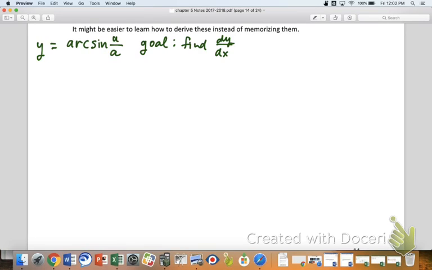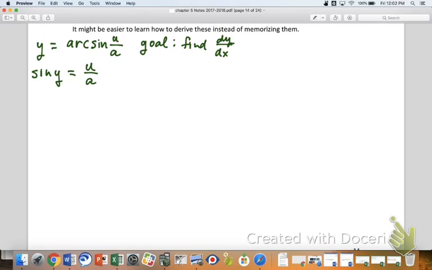So based on that, it's actually a pretty good thing to point out. Is there any way I could rewrite that to where it has the same relationship, but is different, maybe in such a way that I could actually handle it? Hey, there we go. Dax said it. Sine of y equals u over a. That make sense? I just did the sine of both sides.